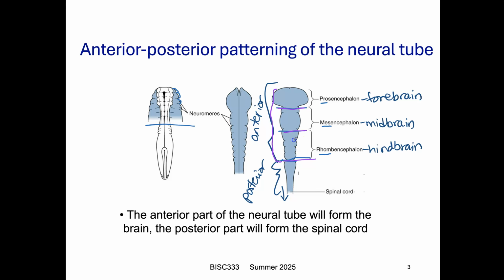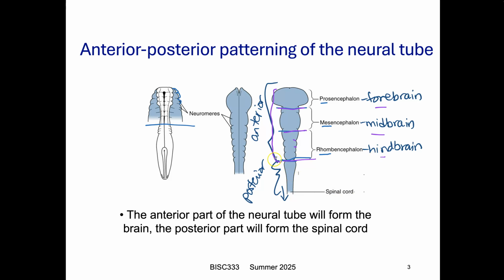And there are all these little indentations that section off the different parts, and they're referred to as neuromeres to begin with. So each one of these divisions is a neuromere. And then later in brain development, I'll point out where there are slightly different names. The prosencephalon is the name for the forebrain, mesencephalon for the midbrain, and rhombencephalon for the hindbrain. It's okay if you just remember these terms. That will be all right.